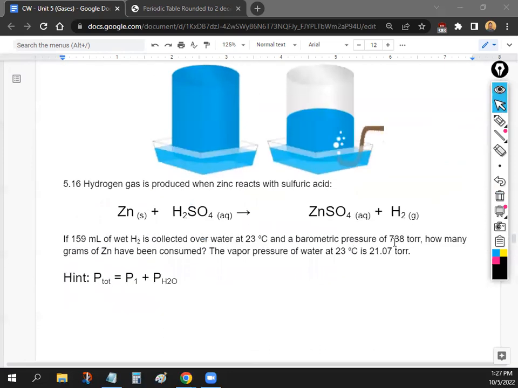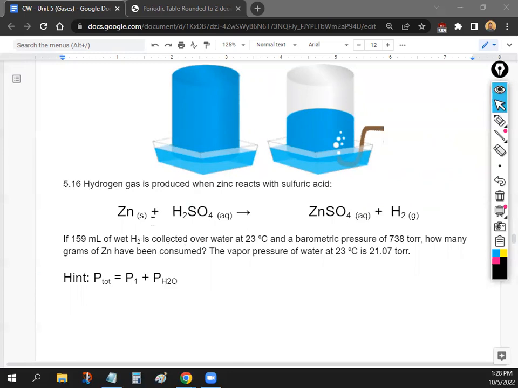5.16. So this is the reason I was setting up that thing earlier. Here we're going to be looking at one very common way that chemists measure gas inside of experiments and labs. I'm going to show you how it looks in just a second.